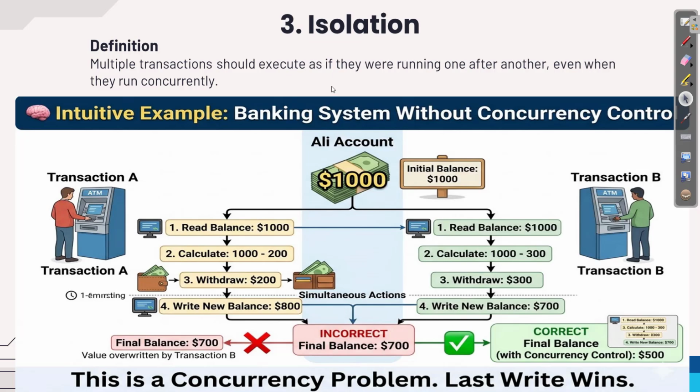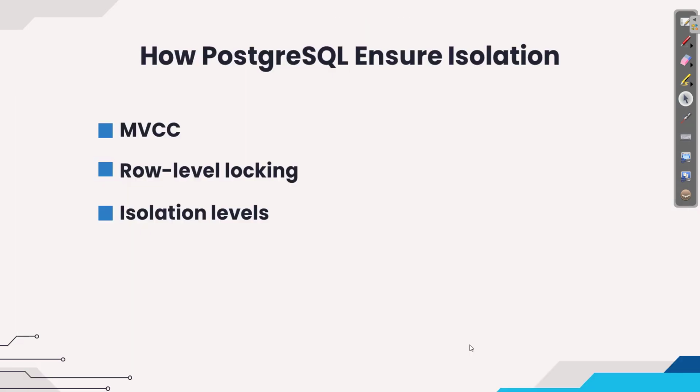In isolation, as we discussed in the previous videos, the database makes sure it will lock the row to avoid these types of problems. So how does PostgreSQL ensure the isolation level?